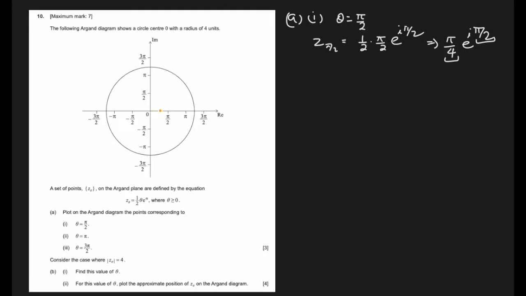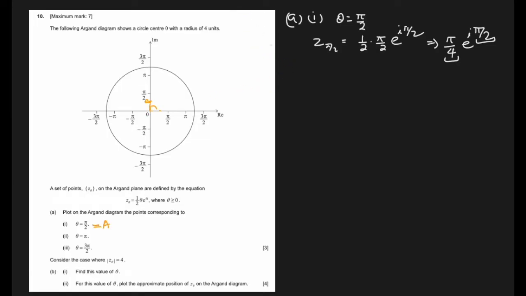But the direction has to be pi by 2 positive, so this one will be the first point. Let me name it A. This is the point A, whose argument is pi by 2 and modulus is pi by 4.